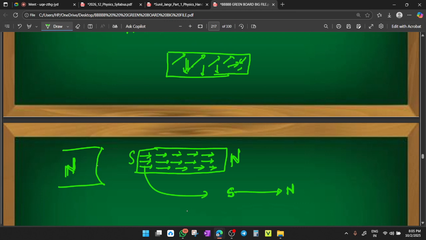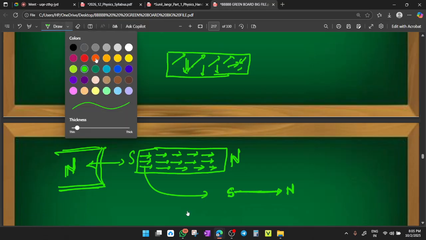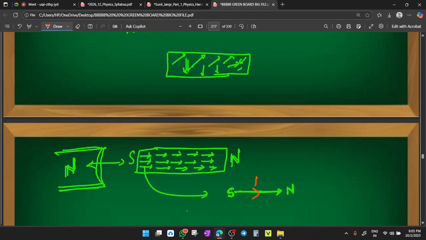That's why a magnetic material feels attraction towards the north part of the magnet. Now they align themselves and behave like a magnetic dipole moment. This is capital M, traveling from south to north.